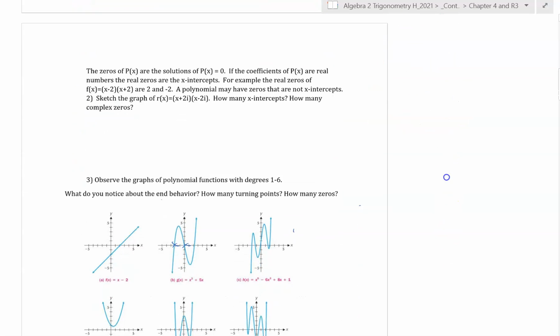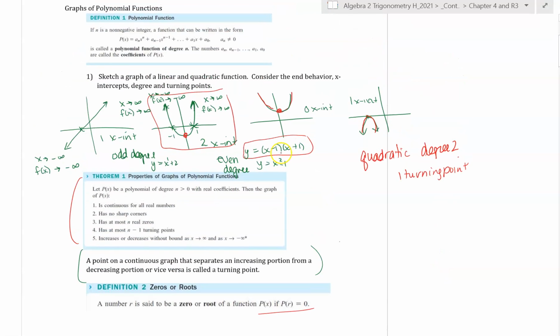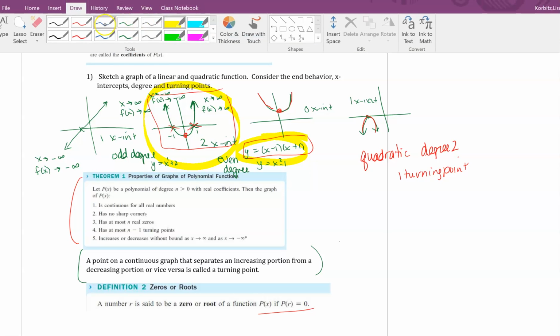So the zeros are the solutions when p of x equals 0. If the coefficients of p of x are real, the real zeros are the x-intercepts, just like this example right here, where 1 and negative 1 were the x-intercepts. I'll highlight it for this example right here. However, let's go back to the other example.